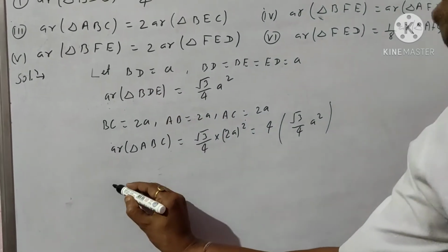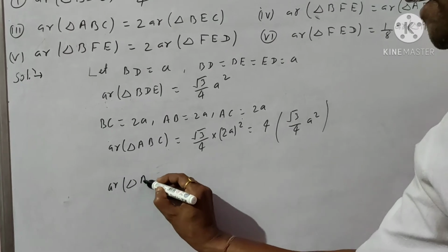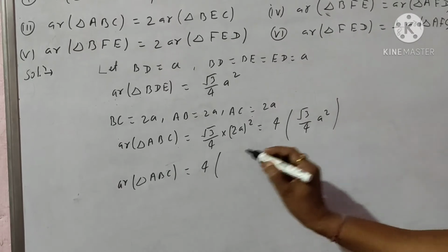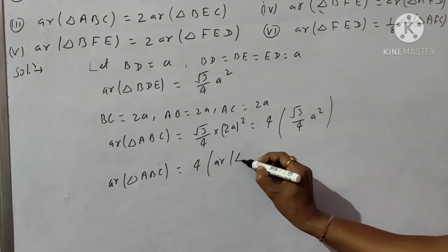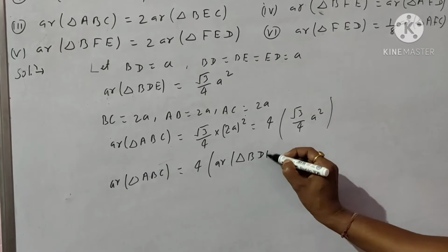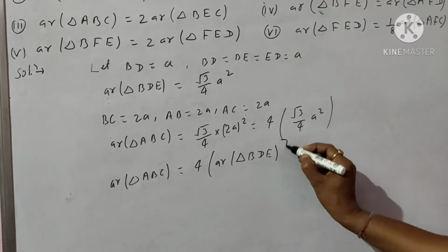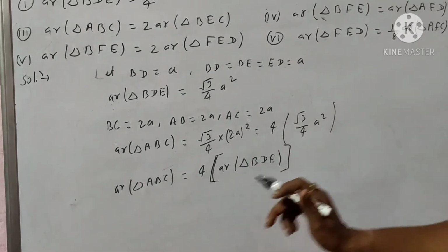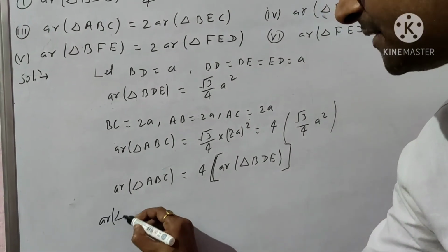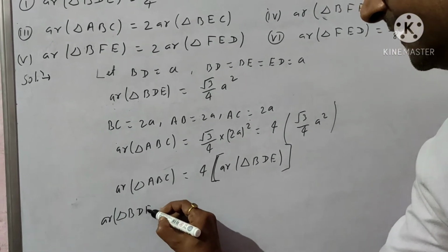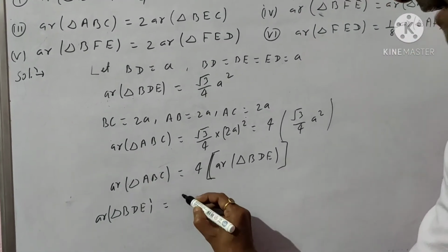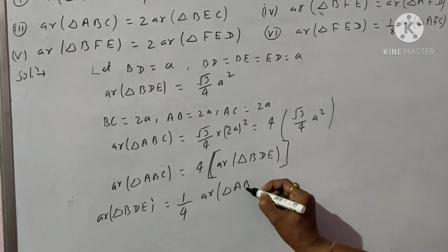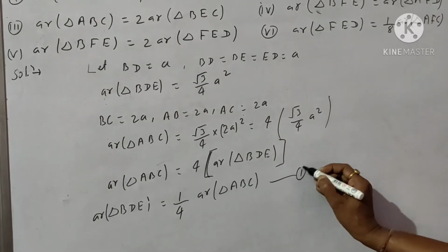Okay, so area of triangle ABC is equal to 4 times area of triangle BDE. So area of triangle BDE is equal to 1 by 4 area of triangle ABC. This is your first proof.